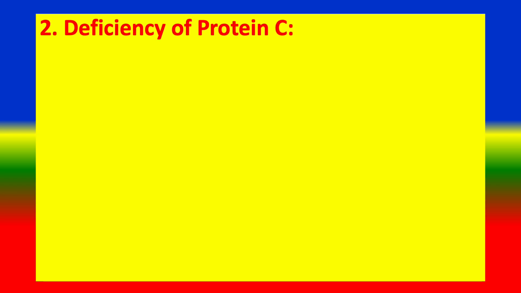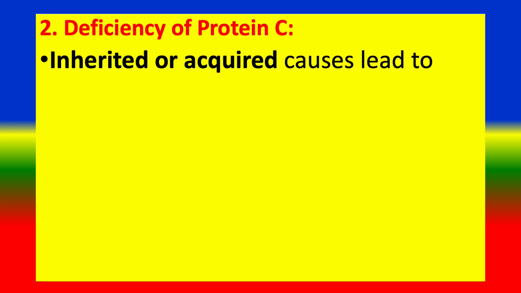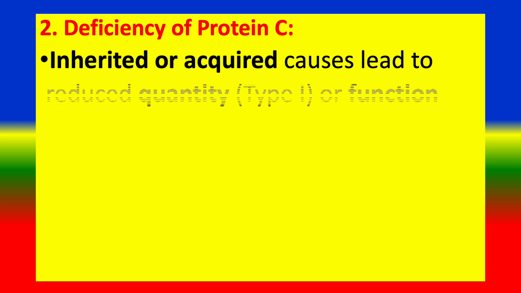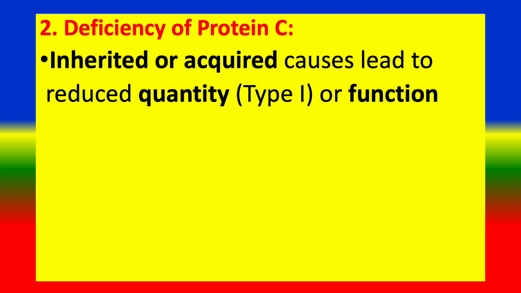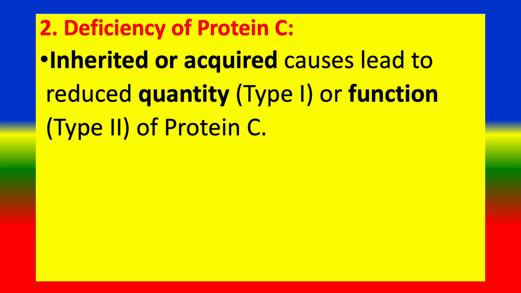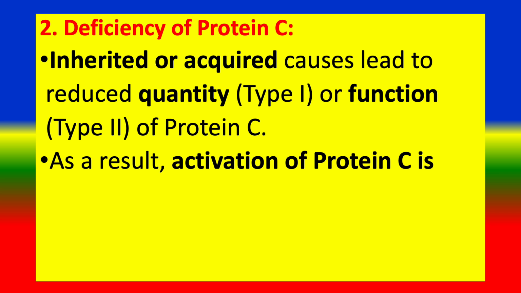2. Deficiency of protein C. Inherited or acquired causes lead to reduced quantity, type 1, or function, type 2, of protein C. As a result, activation of protein C is impaired or absent. 3.